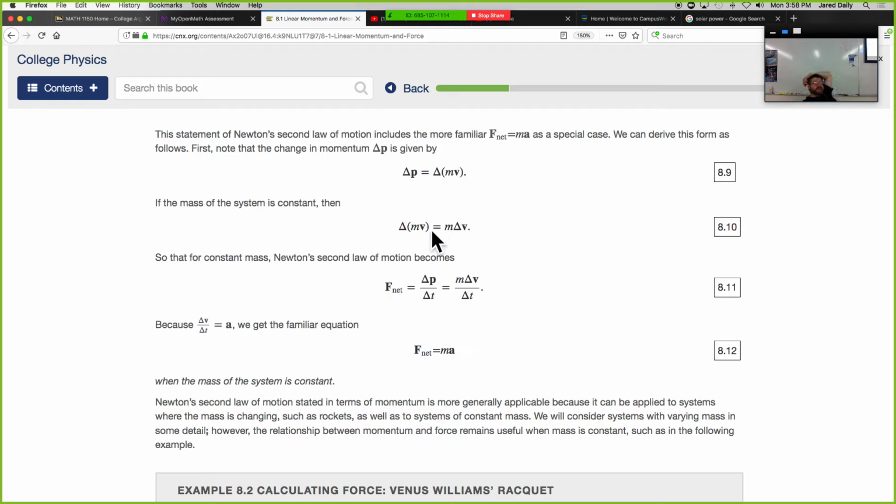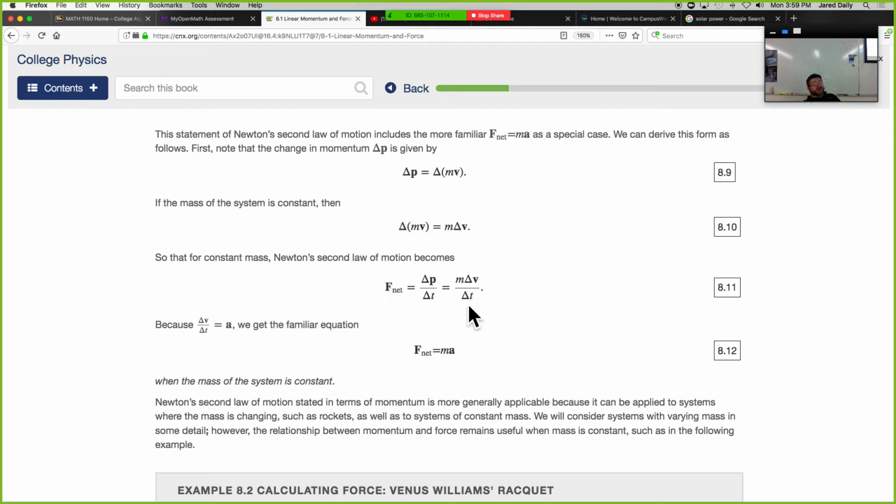Well, if this change in velocity happens over a time, if we divide the momentum by an amount of time, because there's momentum on the left side of the equation, we get change in momentum divided by time equals mass times change in velocity divided by time, and change in velocity over change in time is acceleration. So this side of the equation is equal to mass times acceleration, which means that change in momentum over change in time equals force, because force equals mass times acceleration.